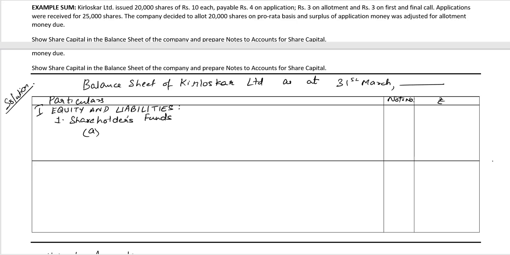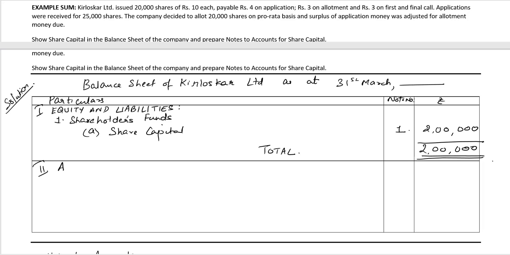Under that, A is share capital. Against note number 1, we have the amount of share capital, which we arrived at rupees 2 lakh. The total of the equity and liability side of the balance sheet is also rupees 2 lakh.